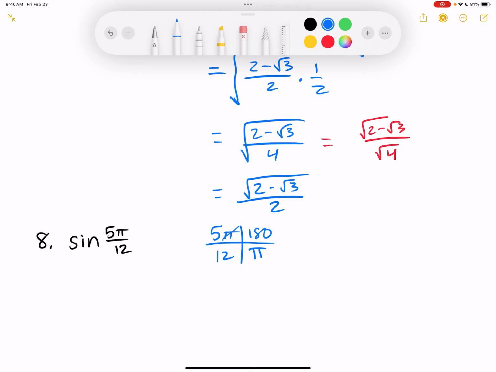Pi's cancel. We said 180 over 12 earlier was 15, so 15 times 5, it'd be what? 75. Yep, 75 degrees. So the sine of 75 is half of what angle? 150. Yep, half of 150.